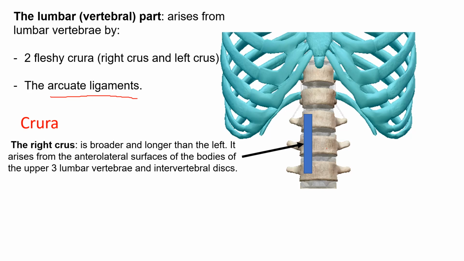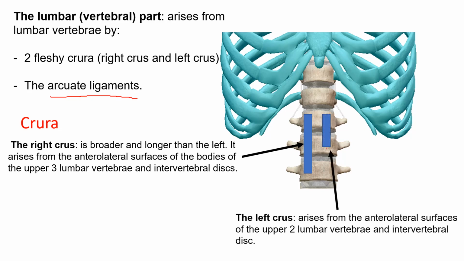The right crus of the diaphragm arises from the upper 3 lumbar vertebrae, right anterolateral surface, and the intervertebral discs in between. The left crus arises from the left anterolateral surface of the upper 2 lumbar vertebrae and their intervertebral disc.